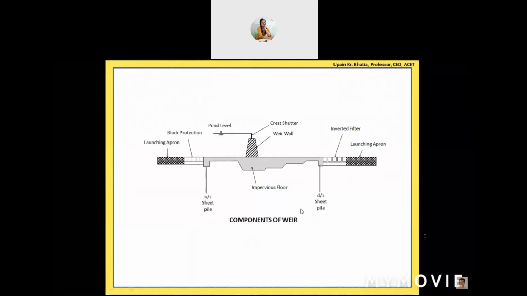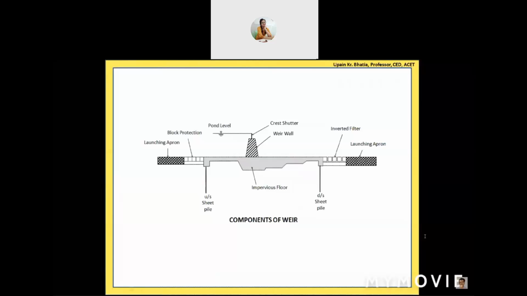Whatever pressure is there at any point, that pressure is exerted equally in all directions. So in the vertical direction, it will try to lift this structure upward. That's why it is called uplift pressure. Okay, so this much explanation of uplift pressure is sufficient as of now.